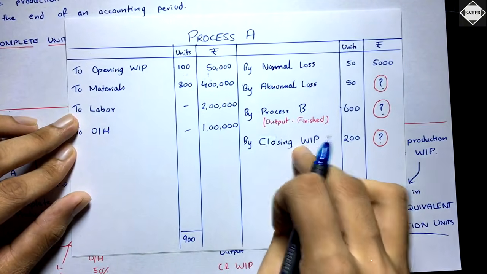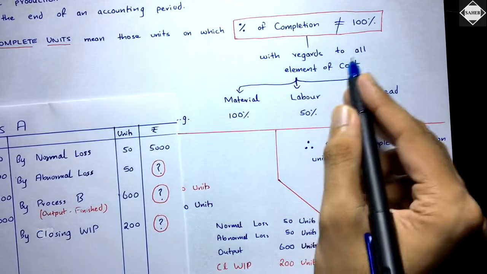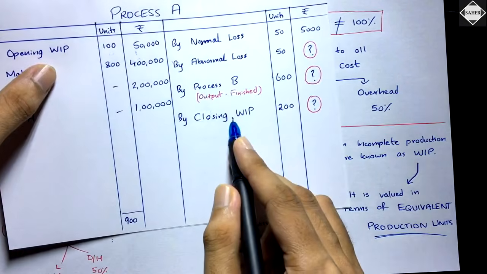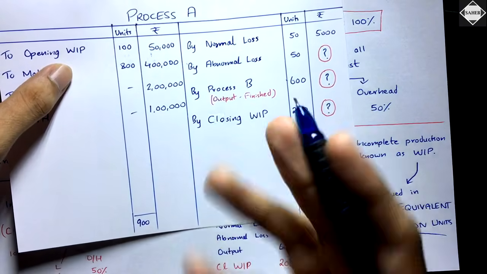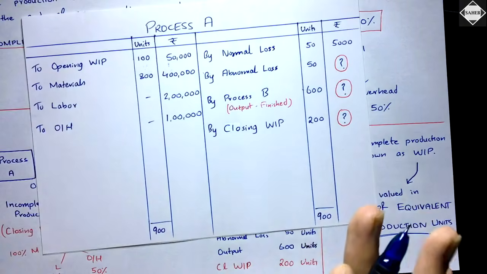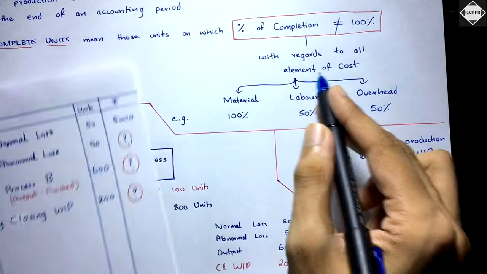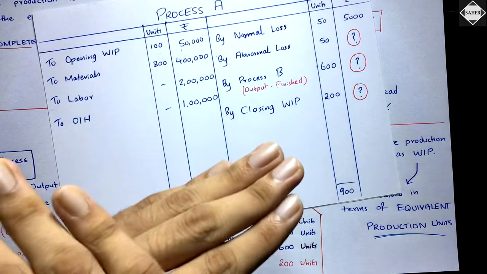This is incomplete production, incomplete as regards all elements of cost: material, labor, overhead. So maybe material has been done 100%, but labor and overhead has been done 50%, 60%, 40%, whatever the question says. The percentage of completion as regards the elements of cost is different for the closing WIP. You have not completed that by 100%.